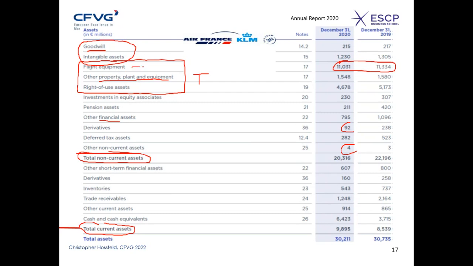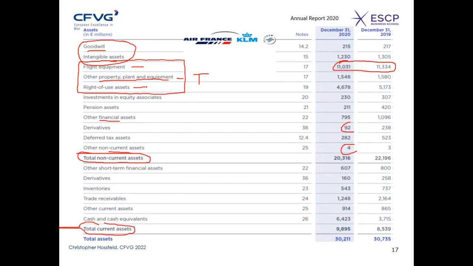That includes aircraft, of course, flight equipment, but also other property and equipment. So vehicles on the ground, for example, installations, buildings that they use, tools. All of this would be in other property, plant, and equipment. And we also have this third asset here that is called a right of use asset.